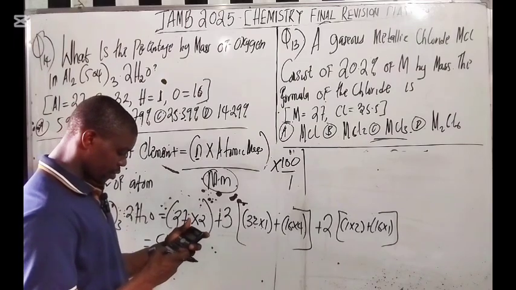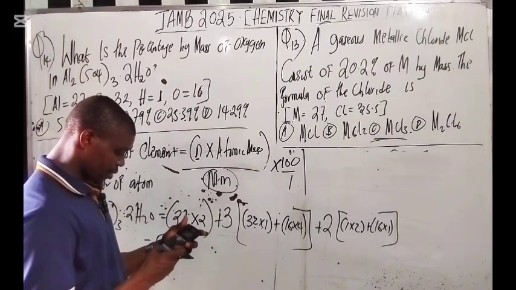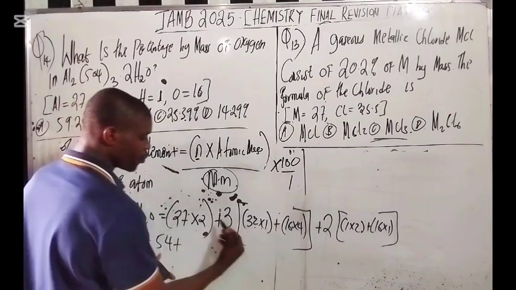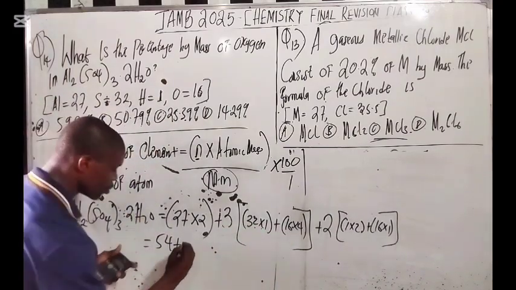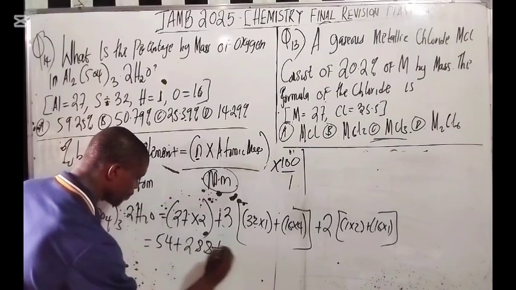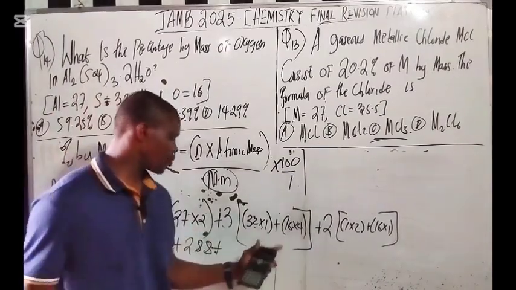So 32 plus 64 times 3. When you evaluate the whole option here, this plus this times this, we have 288.